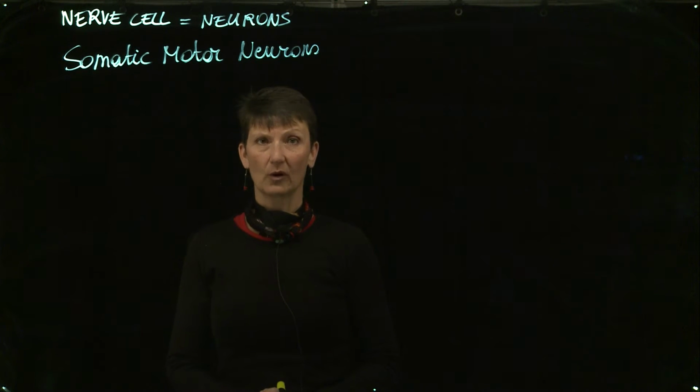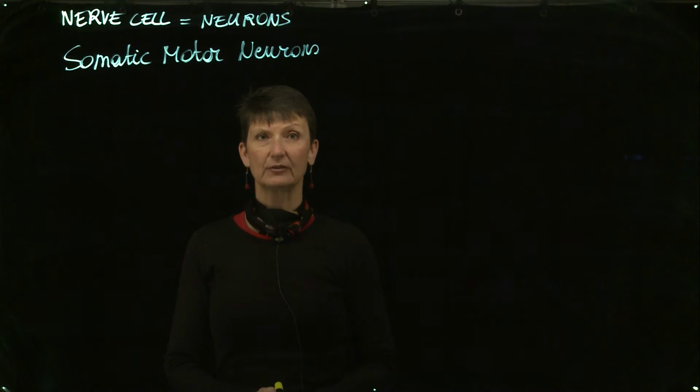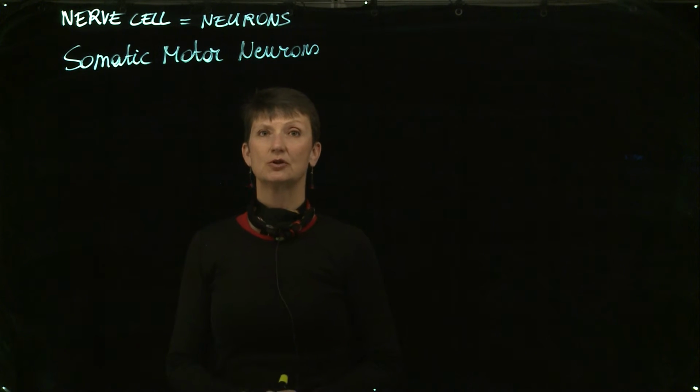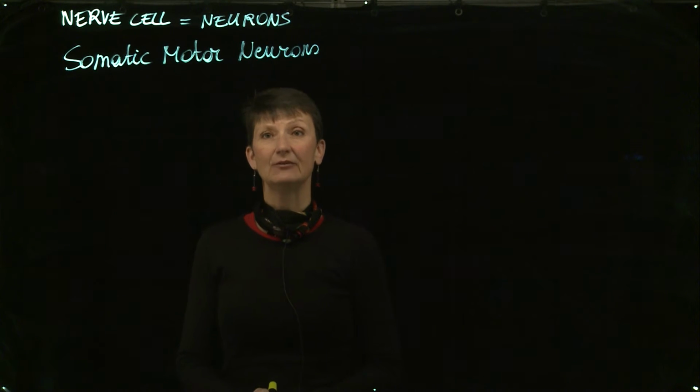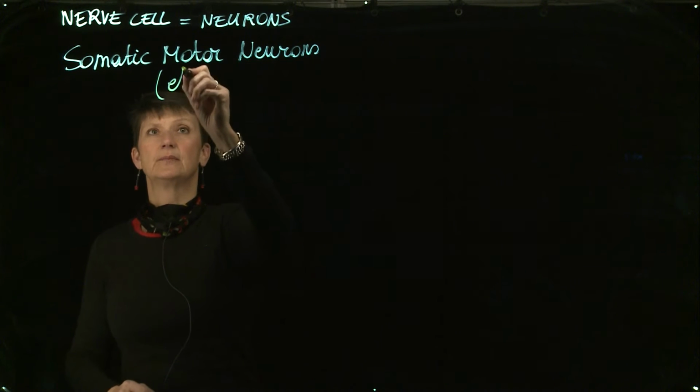And so therefore, we refer to these as motor neurons. Motor information always leaves the central nervous system to go to the effectors. We could also call these somatic efferent neurons. That would be a synonym, efferent.